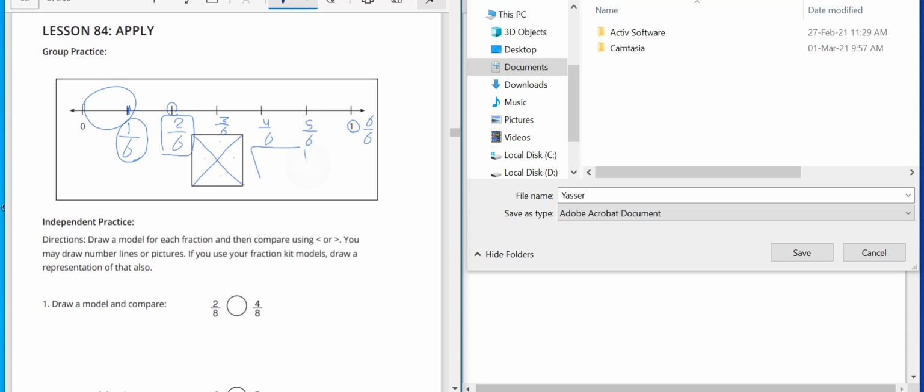Draw another square divided into 4 equal parts like this. 1, 2, 3. This part is one fourth, 2 fourths, 3 fourths, 4 fourths.